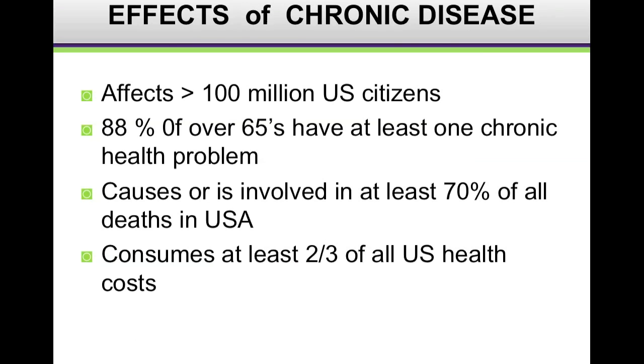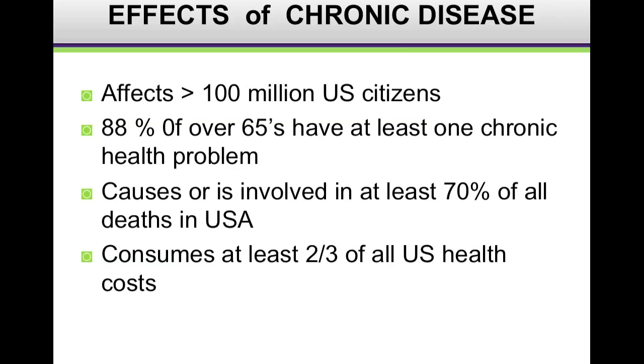What are the effects of chronic disease? It affects more than 100 million US citizens, at least 1/3 of the total population of the United States. In the over 65s, 88% have at least one chronic health problem. It may be dominant or maybe less dominant, but a huge majority of those over 65 have problems with chronic disease.